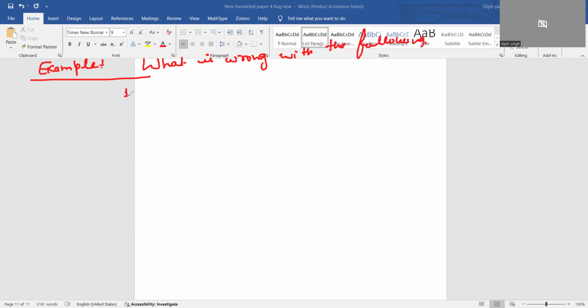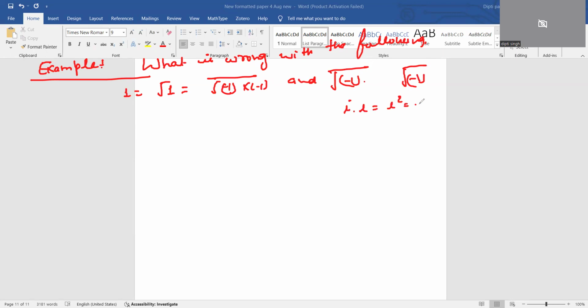If we have 1 equal to square root of 1, then we can write it as square root of minus 1 into minus 1, and we know that square root of minus 1 we can write like that, and this is i times i, so this is i squared, and its value is minus 1. So what is the problem here?